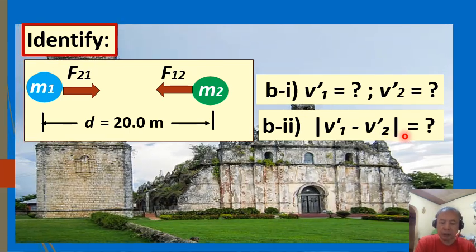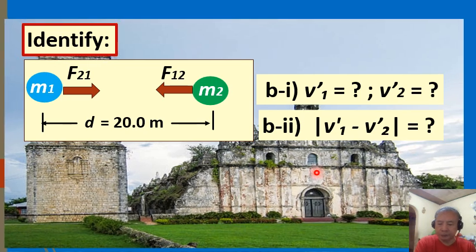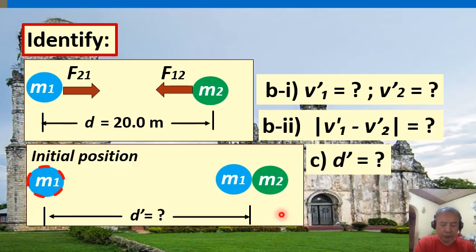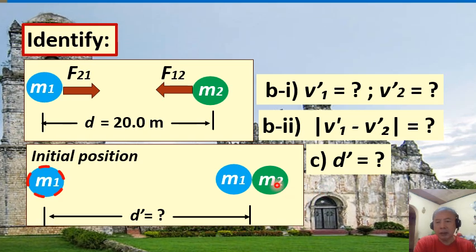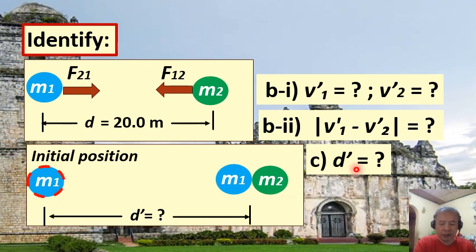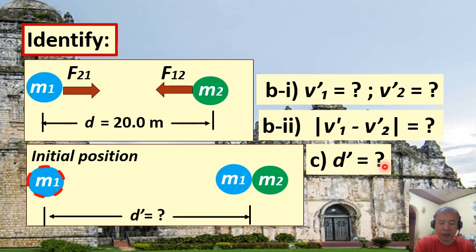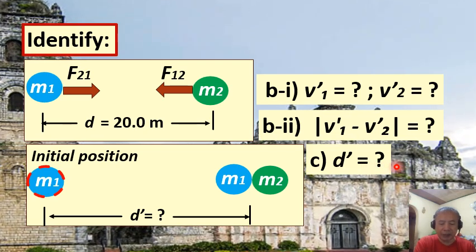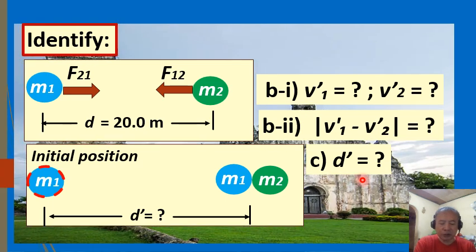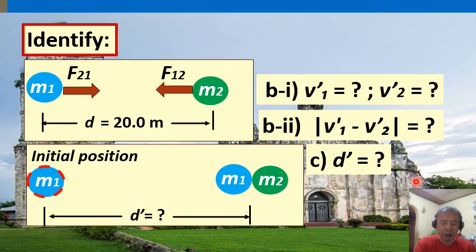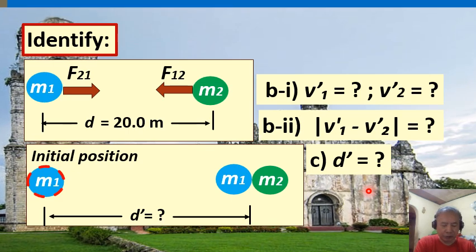And in part C, our target variable is D prime. This is the distance to the right of the center of sphere 1 from where it started until its surface touches the surface of sphere 2 just before the collision.